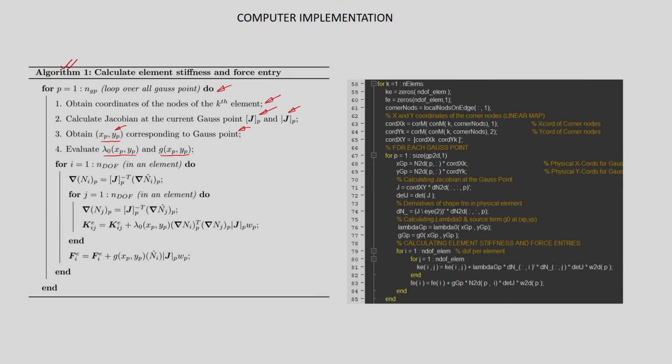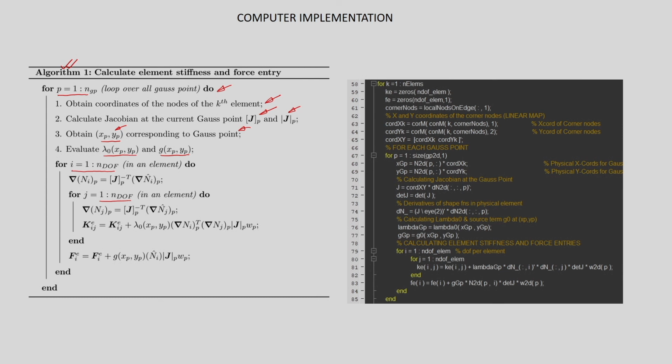Then inside that loop over p, which runs over all the Gauss points, we have two nested for loops. One is over i equal to 1 to the number of degrees of freedom per element, and the other is j going from 1 to the number of degrees of freedom per element.